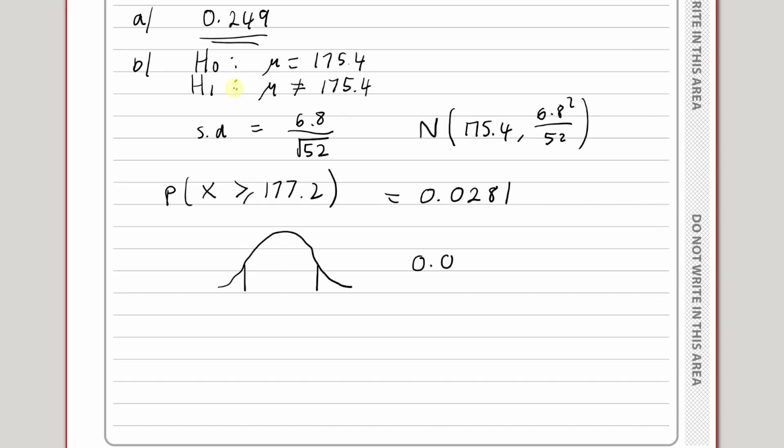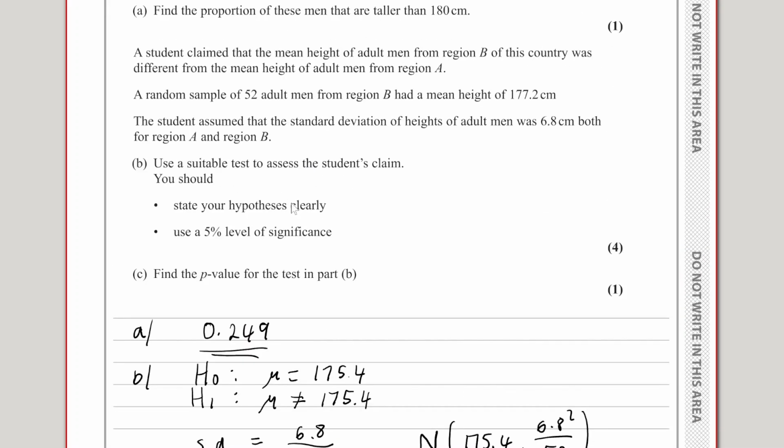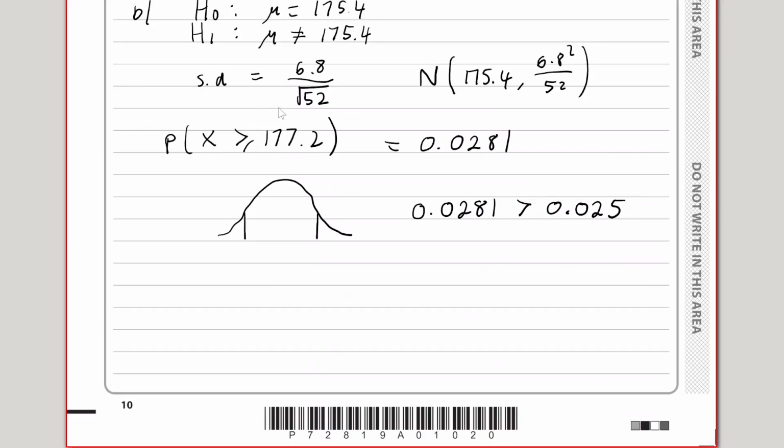So 0.0281 is bigger than 0.025, bigger than 2.5%. So there's not enough evidence to support the student's claim.